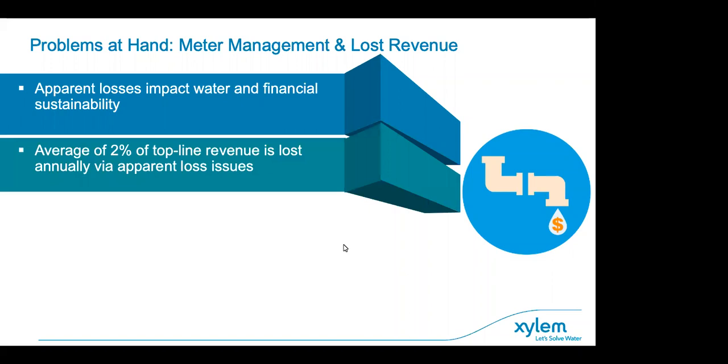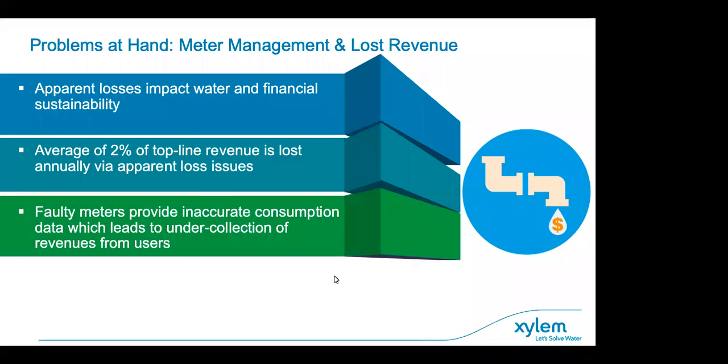It's been estimated that on average 2% of the top line of revenue is lost annually through apparent loss issues. For large utilities, this can represent a very substantial volume and value of water.